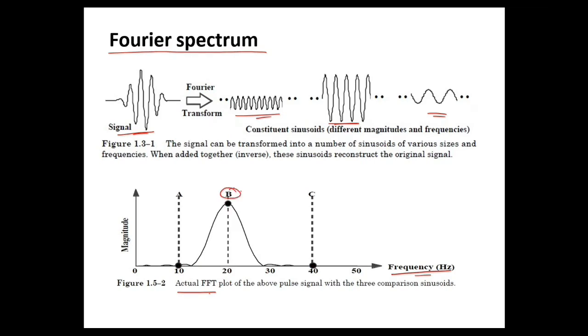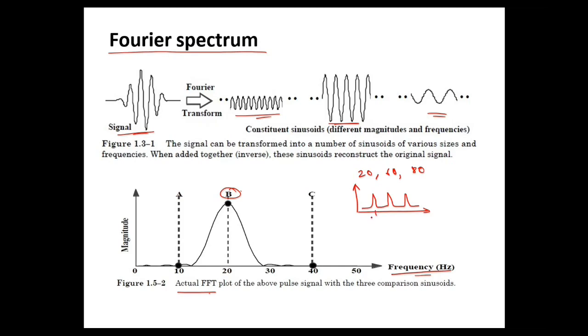Suppose a signal has frequency components of say 20 hertz, 60 hertz and 80 hertz, then we would be getting three peaks.